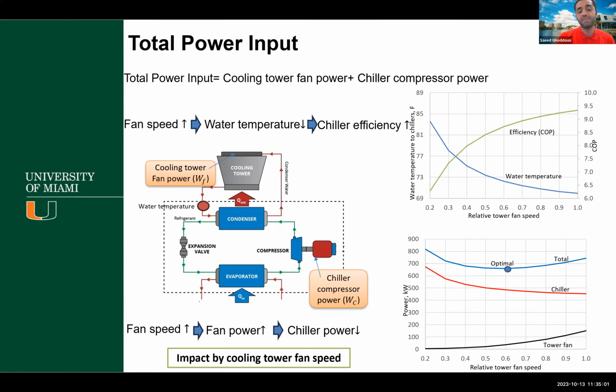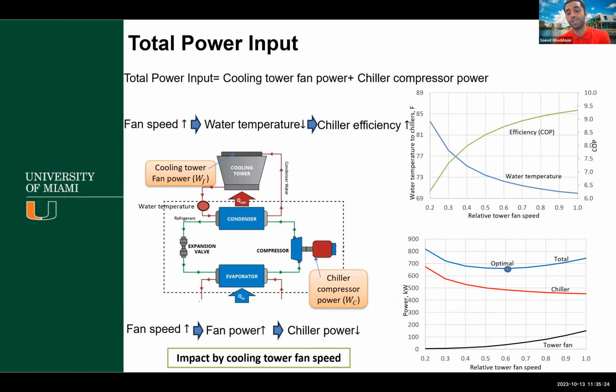On the other hand, when we increase the fan speed to get a lower leaving water temperature, this speeding up of the fan causes the fan power to increase. We need to consider all of them together to find the optimal operation of the cooling system.